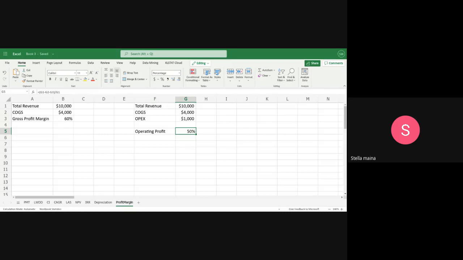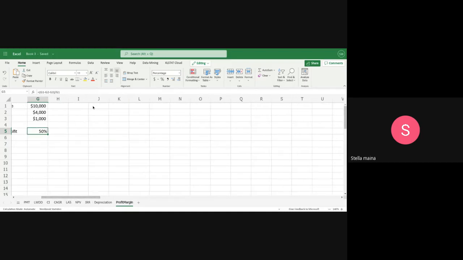You can see these are things which are very helpful when you're doing your business, or you just want to know, okay, what am I really working with? Let us now move on and have the net profit margin. This also includes non-operating expenses such as interest on debt, taxes, and that.